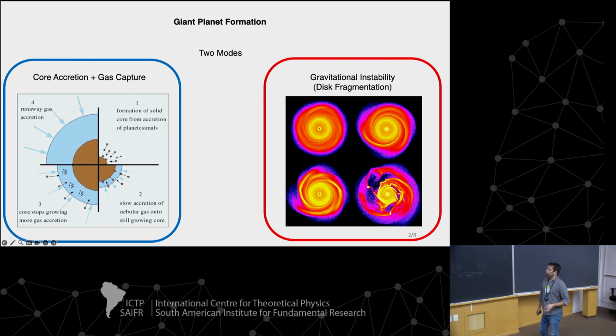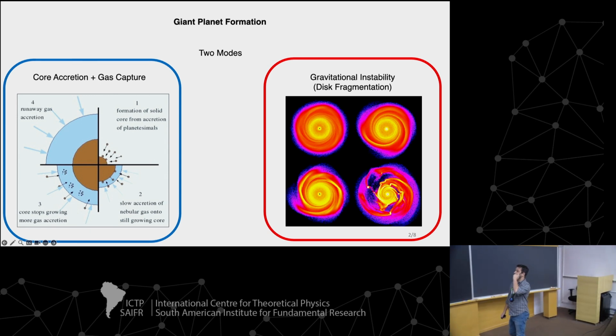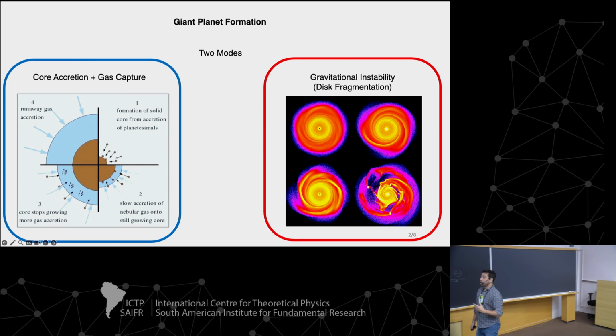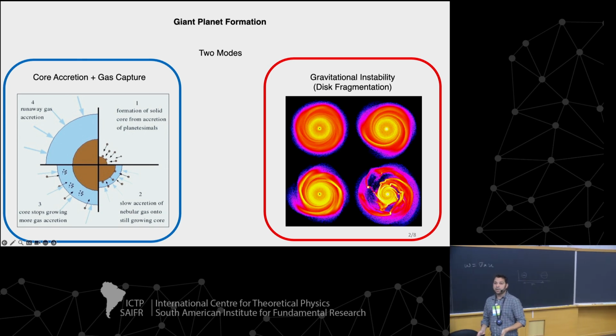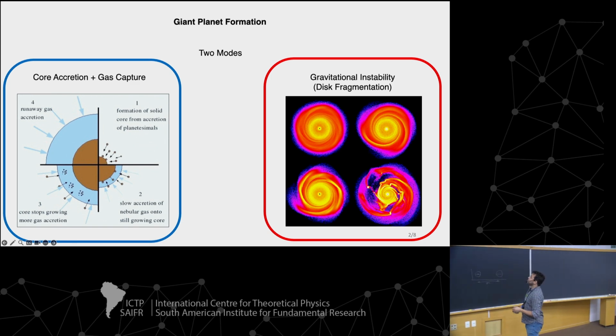There are two hypotheses for the formation of gas giants. One is just continuing core accretion. You formed the rocky planets, and these rocky planets can act as seeds for accreting the gas and then form a gas giant. The other one is gravitational instability, also called disk fragmentation.